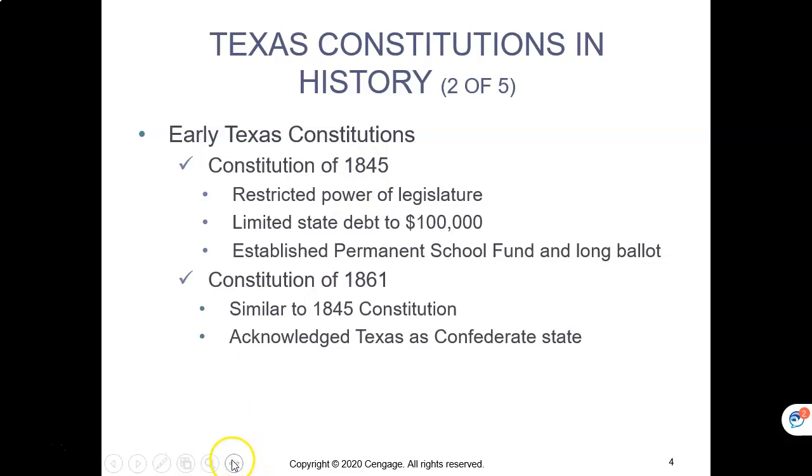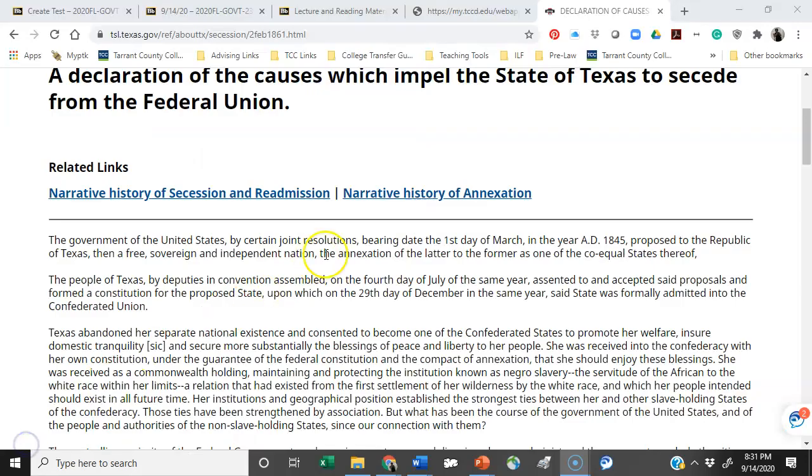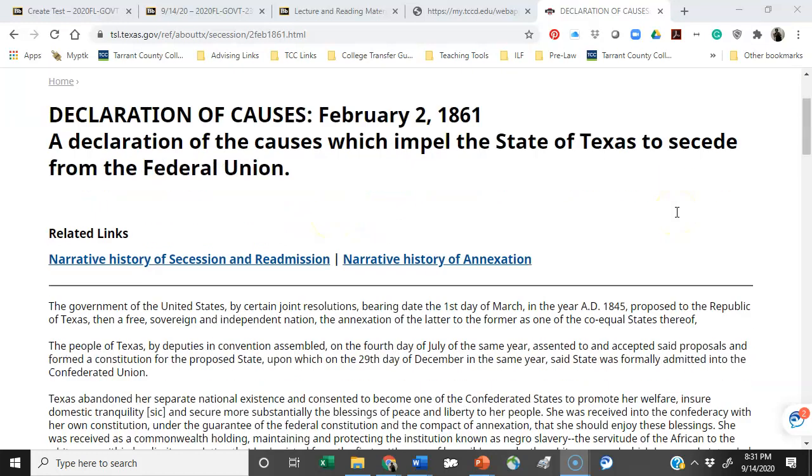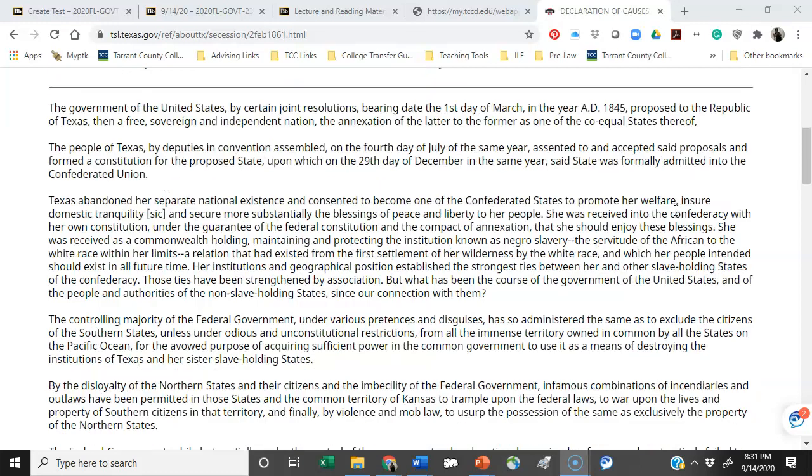Let me see if I can pull that up for you. So here is a copy of the Texas Declaration of Causes. This was ratified February 2nd, 1861, and it was giving the list of reasons why Texas was seceding from the federal union. It's a very interesting document.